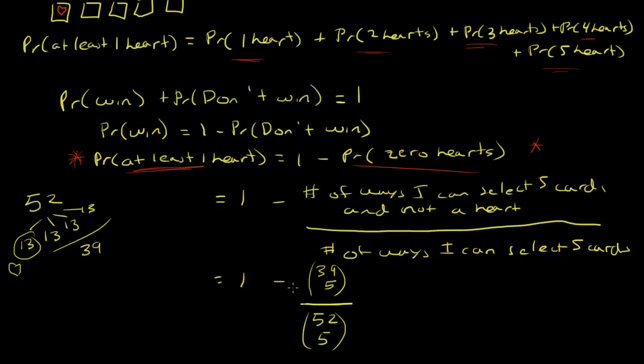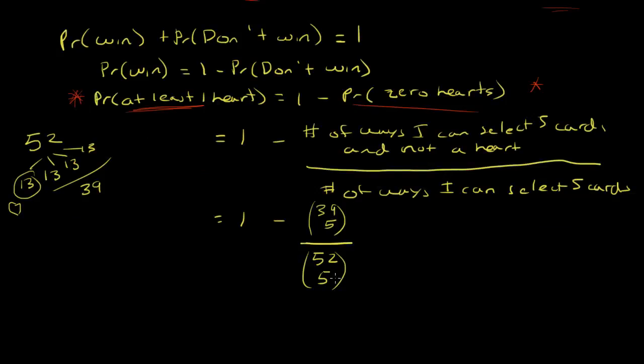All right, so there we go. So 1 minus the probability of getting 0 hearts, and we have to solve this to find the probability of getting 0 hearts. So let me go ahead and write this out. Now let's use our formula for combinations. n choose k is n factorial over k factorial times n minus k factorial.